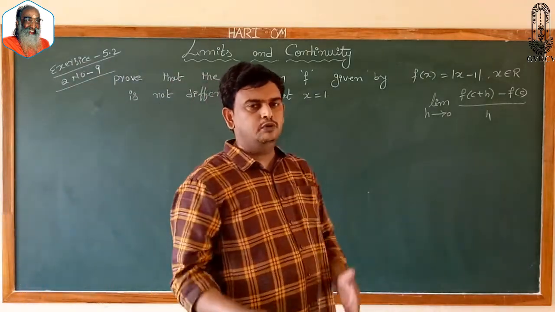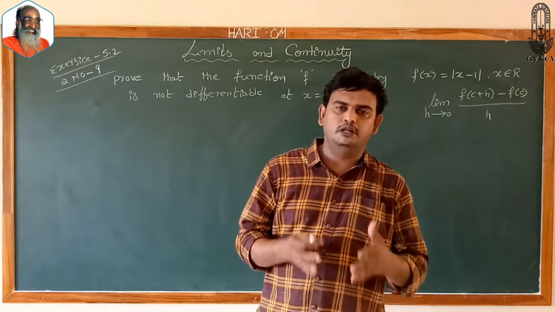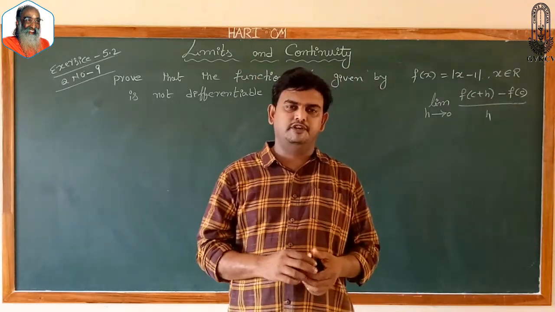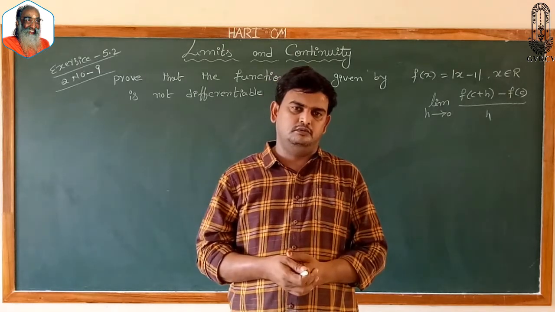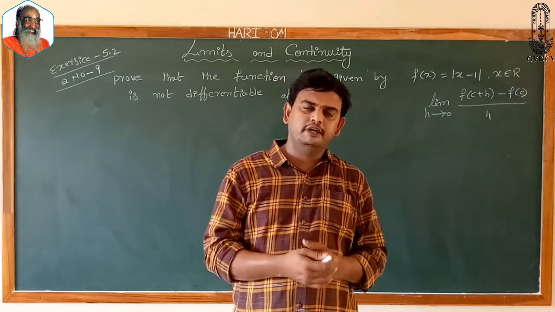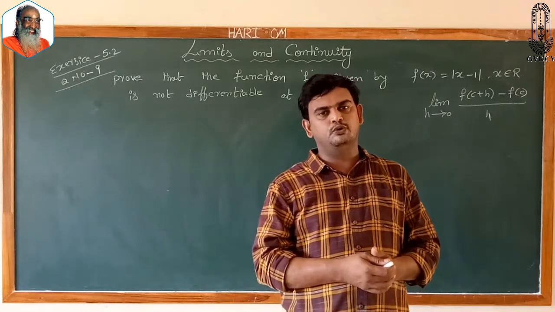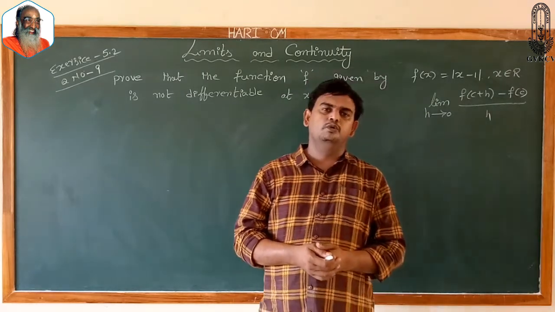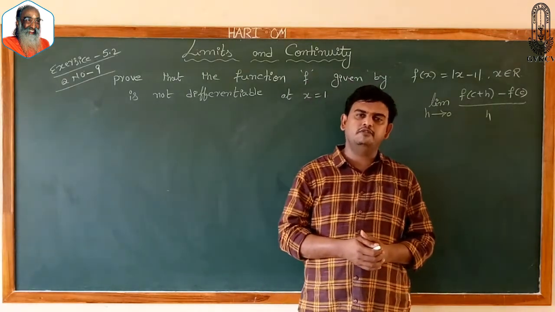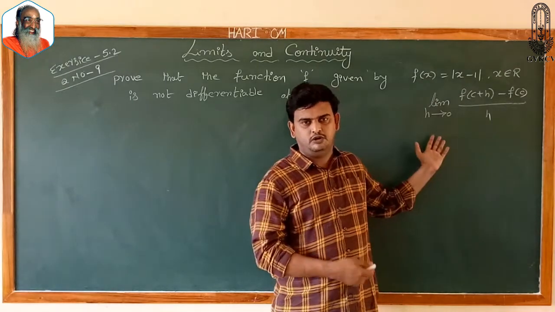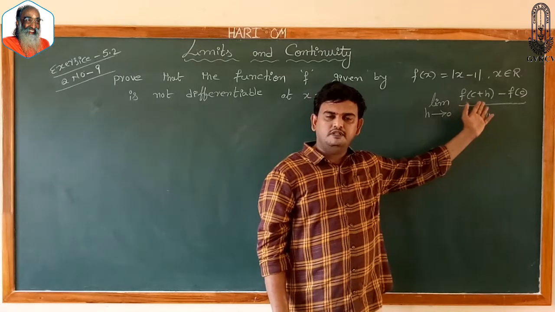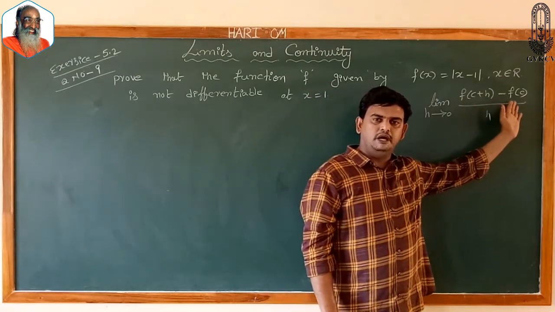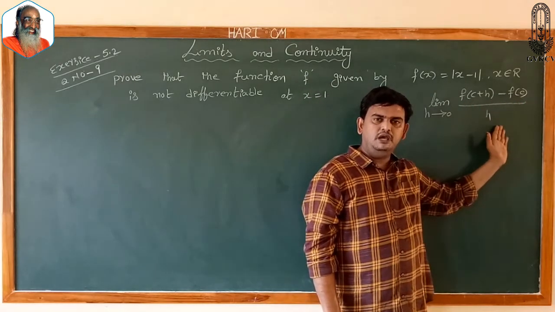When we are discussing the concept of differentiability and derivatives, differentiable means we know the process of finding the derivative. So how to find the derivative of a function? We have a formula: limit h tends to 0, f of c plus h minus f of c by h.